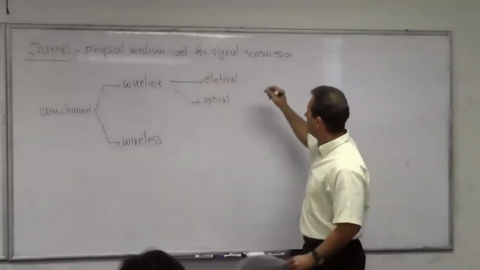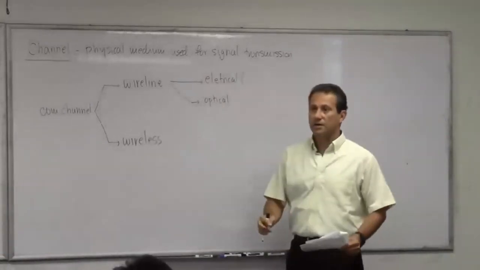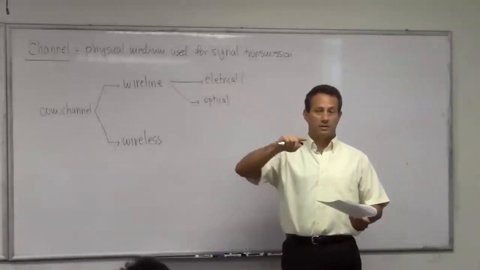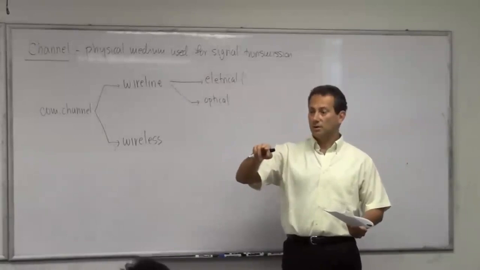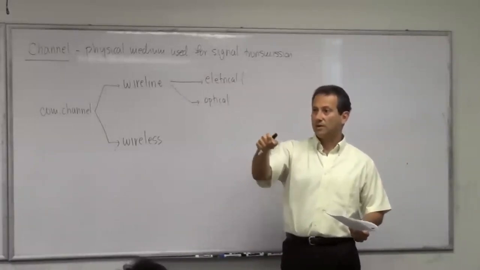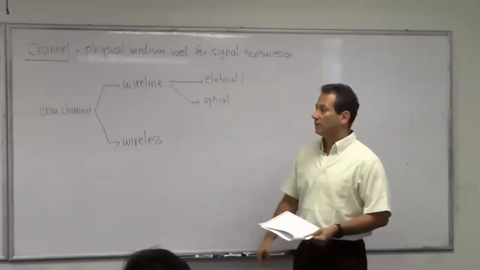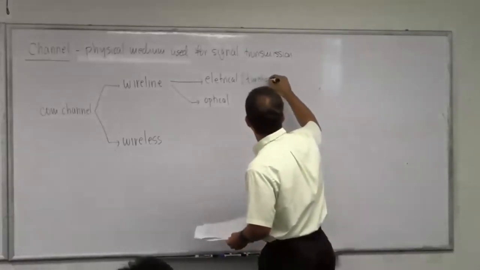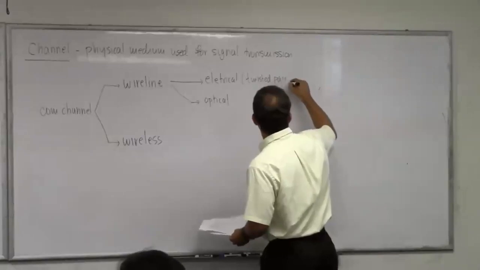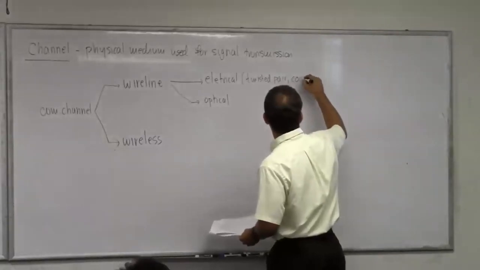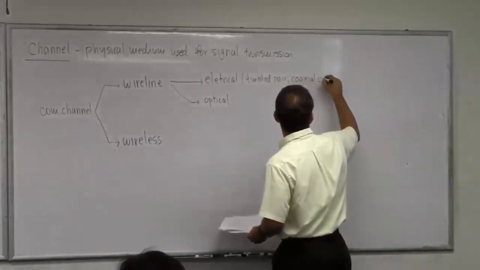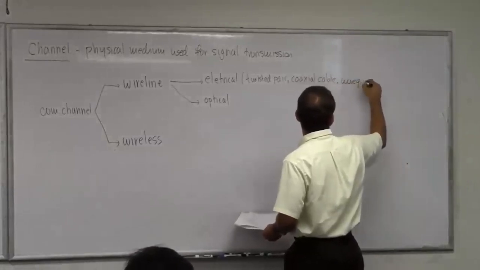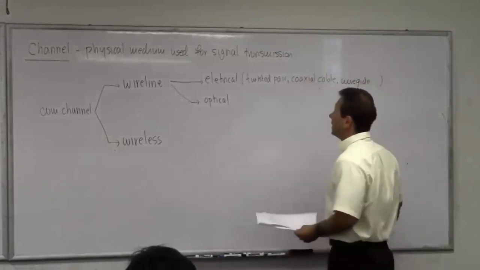What are typical examples of electrical wireline channel? There's something called twisted pair. Do you know what twisted pair is? Is that those two cables, the blue and white one that are on the telephone landline? So, for example, twisted pair, coaxial cable, waveguide, and so on.